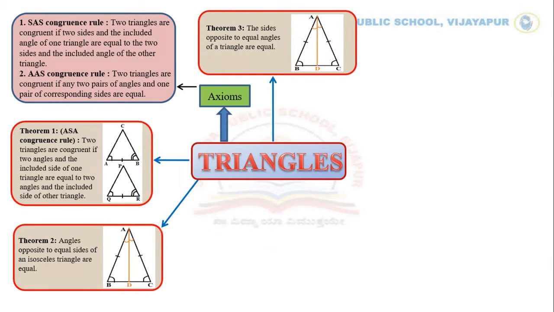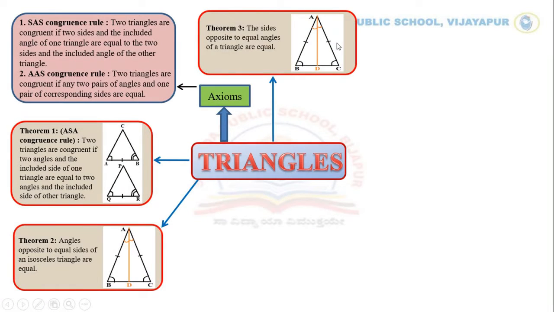Next, theorem 3. The sides opposite to equal angles of a triangle are equal. That is, if angle B is equal to angle C, we have to prove that side AB is equal to side AC.